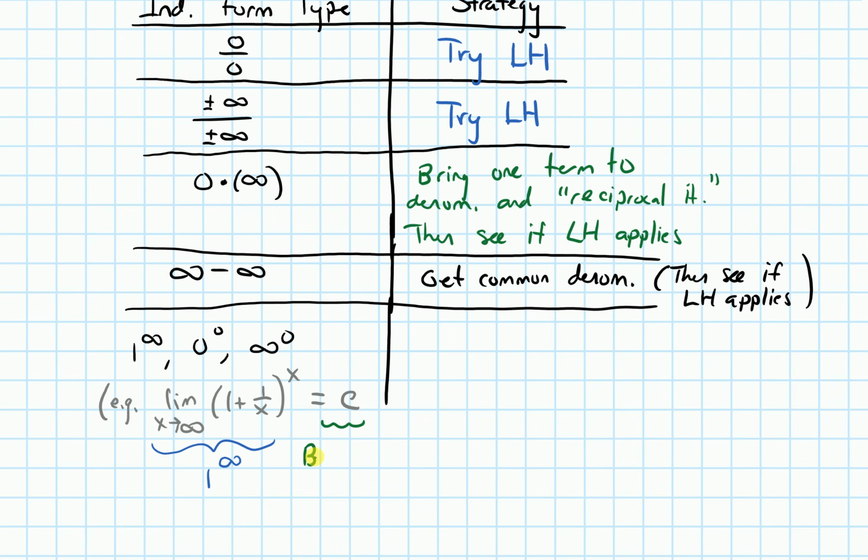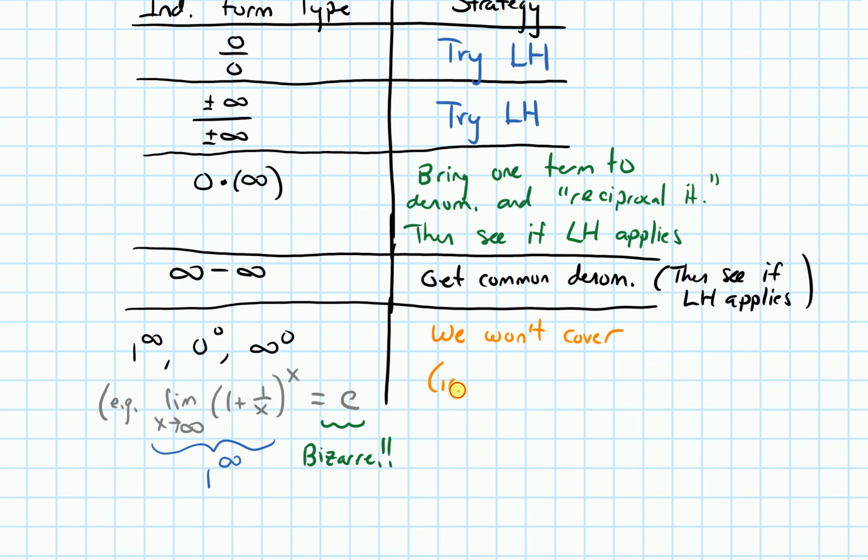It's a bit bizarre that this limit here, which doesn't seem to have any trace of e in it, ends up equaling e. So there's a lot of interesting stuff that can happen like that with these other indeterminate forms that are in this sort of exponential form. So for these other ones, we personally won't cover these.